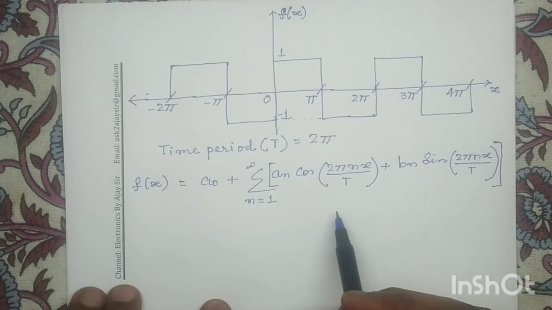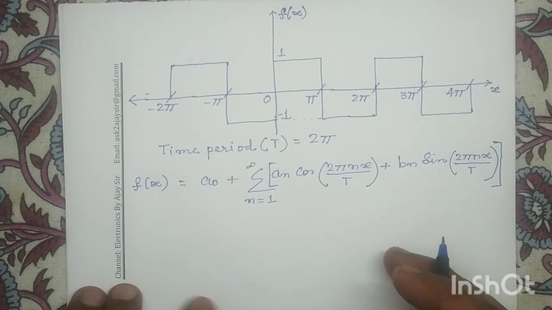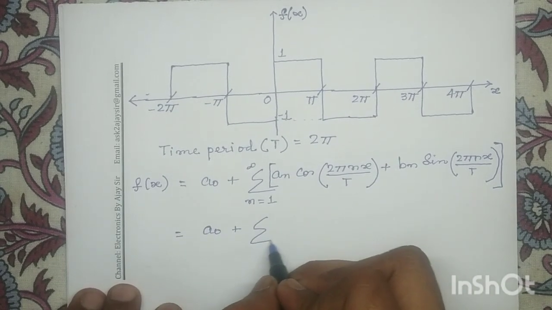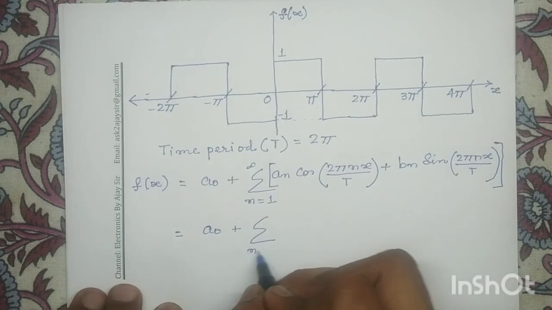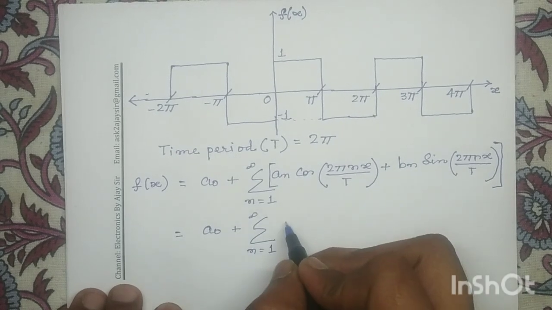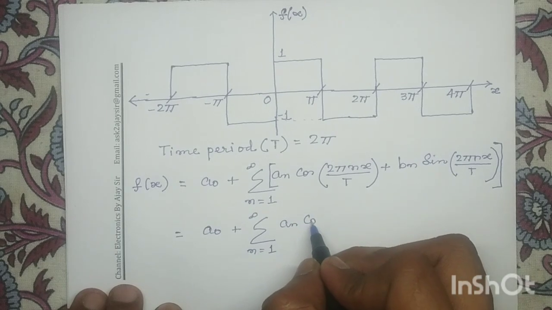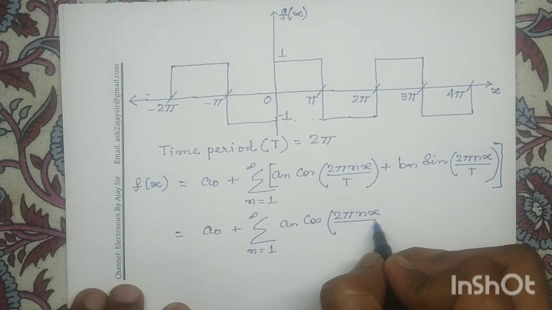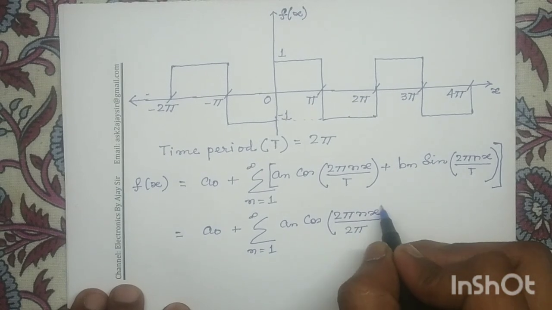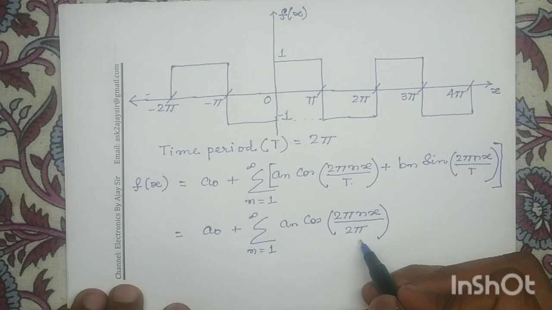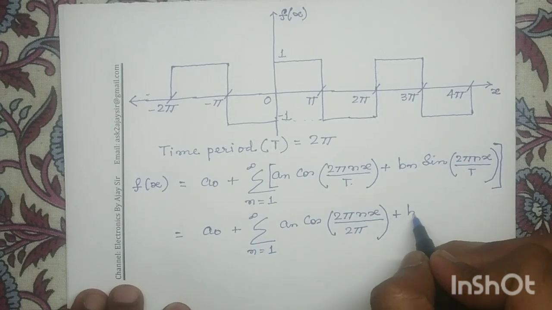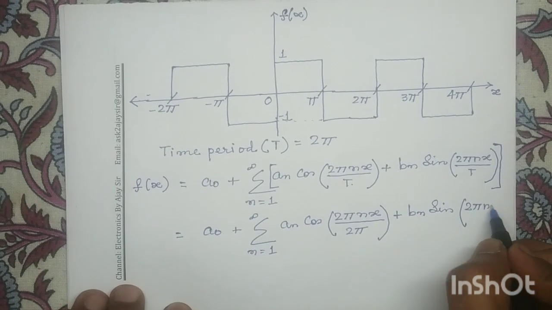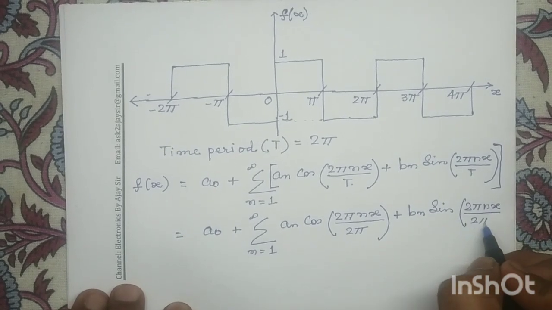Now in this equation we will substitute the time period T equals 2 pi. So the equation reduces to a naught plus summation n equals 1 to infinity of an cos 2 pi nx by 2 pi, in place of T we substitute the value 2 pi, plus bn sine 2 pi nx by 2 pi.